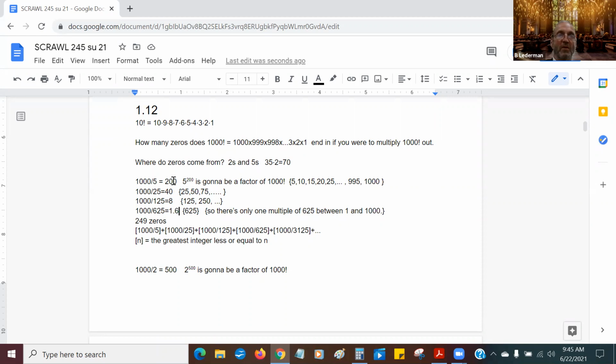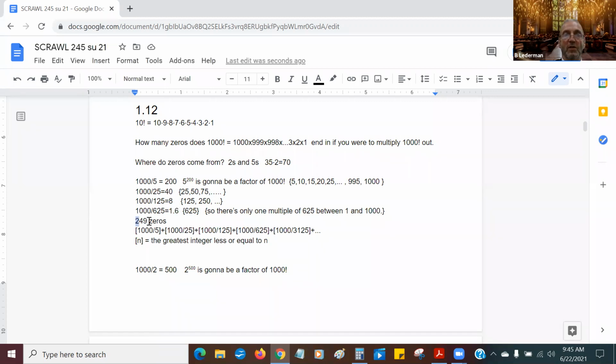Well, if I add up 200 for every fifth number, 40 for every 25th number, which has that extra factor, 8 for every 125th number, which has that extra factor, and 1 for every 625th number, which has an extra factor, I get 248, and 1 is 249.